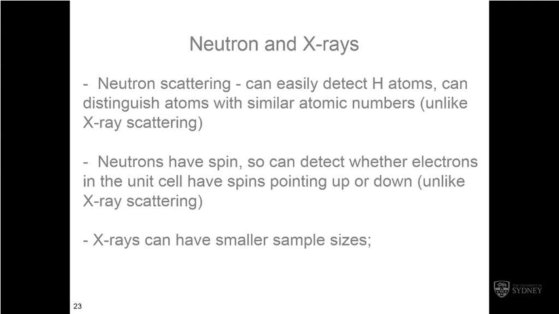Neutrons are really good for detecting hydrogen. If you've got a material that's got a lot of hydrogen atoms in it, they can detect that really well. The hydrogen atoms are very light, and X-ray scattering has trouble detecting the presence of the hydrogen atoms.